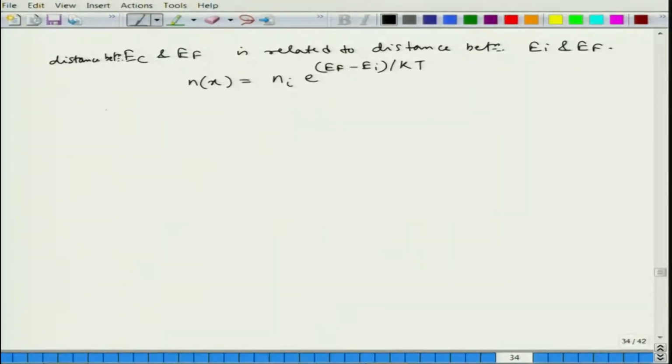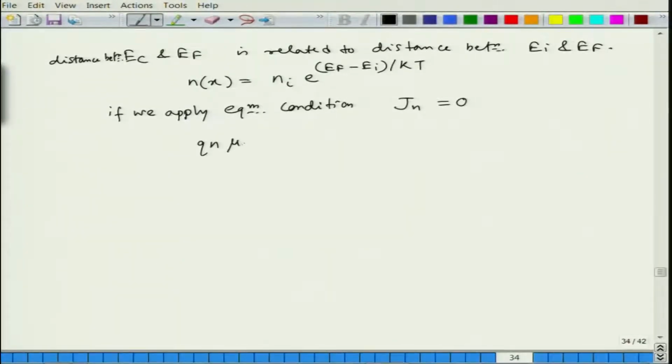Okay. So, if this is the case, now if we apply the equilibrium condition, that means the effective flow of electron will be 0, we can write q n μn ξ plus q Dn dn(x)/dx will be equal to 0.